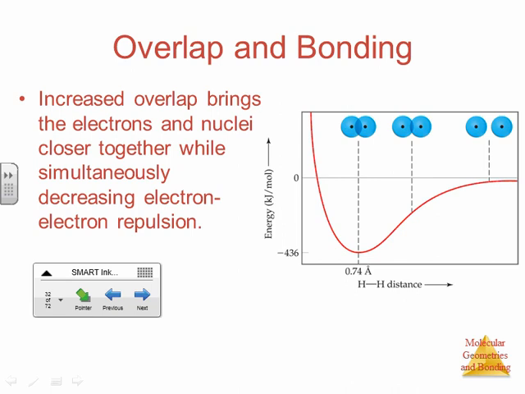And that point is actually where they usually hang out when they're bonded together. If they move any further apart than that, the potential energy increases. If they get too close together, then the nuclei start to repel one another, and that potential energy really jumps.